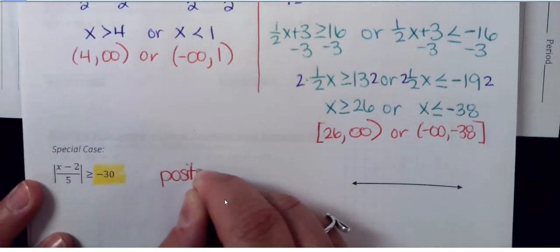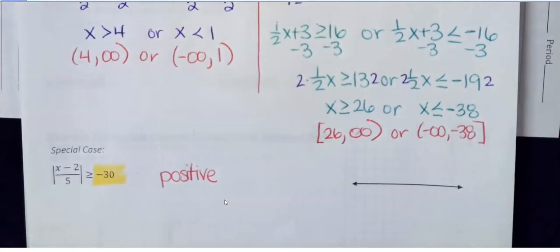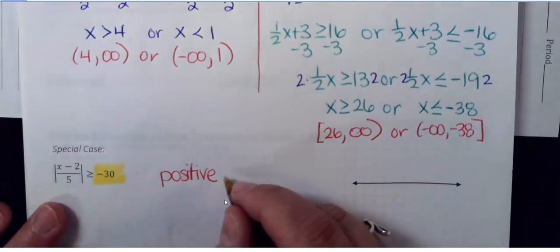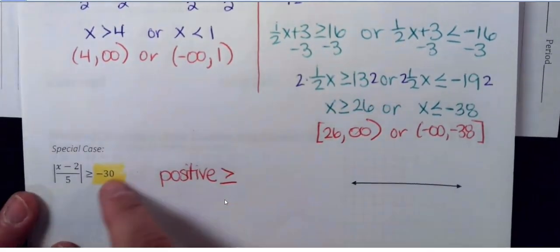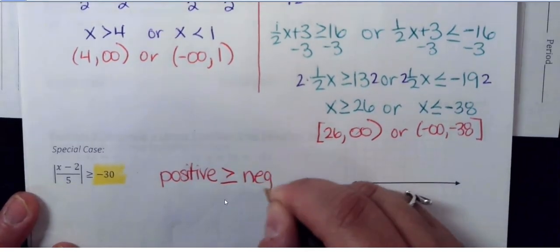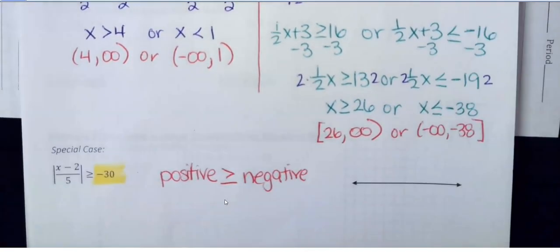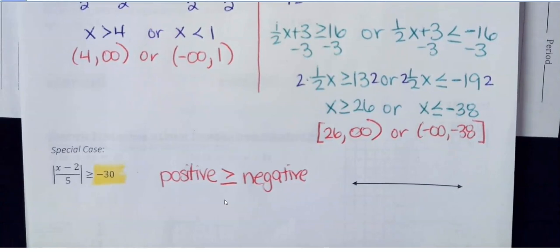So what I have here is some positive number, I don't know what, it depends what we plug in for x. It's saying a positive number is greater than or equal to, in this question, negative 30, some negative number. Is that inequality true?